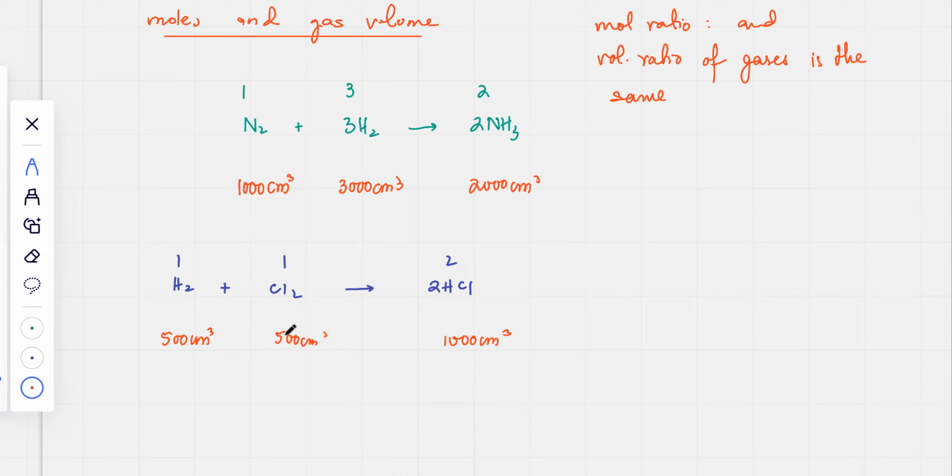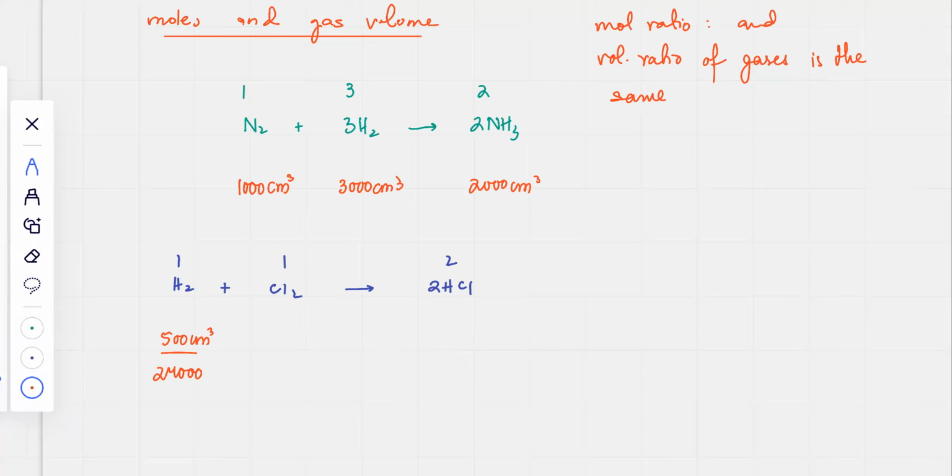So for gases, things are really easy because you don't need to apply the formula. You could have done this the other way, the longer route. What's the longer route? If somebody's asking you to find the volume of Cl2 gas or HCl gas, the longer route is you find the moles of H2 gas. For that, you would have to divide that by 24,000.